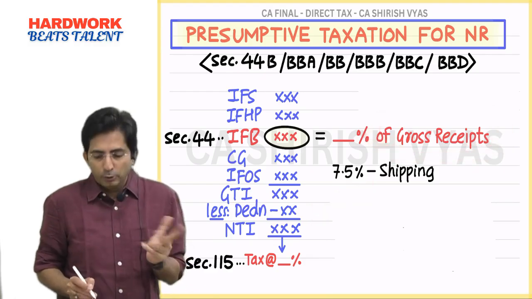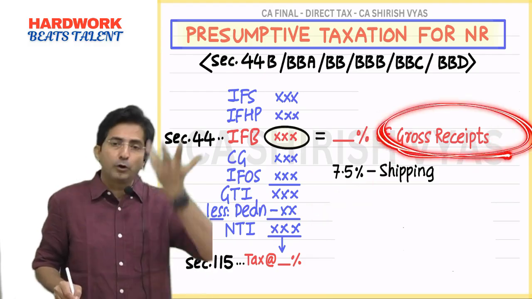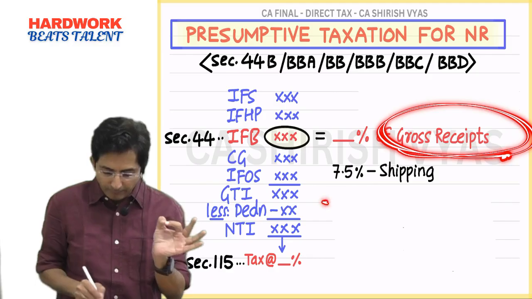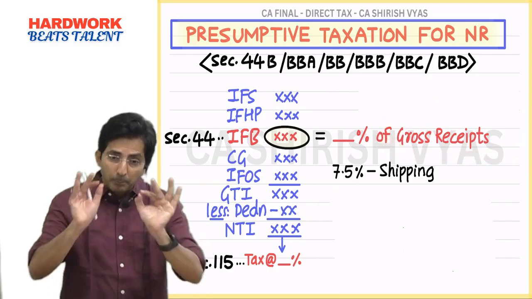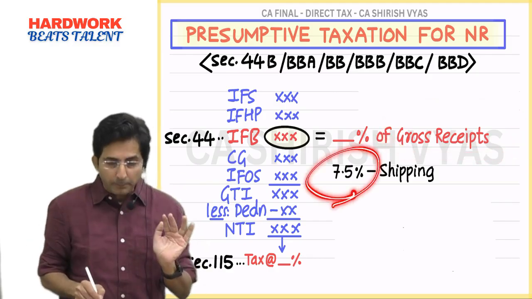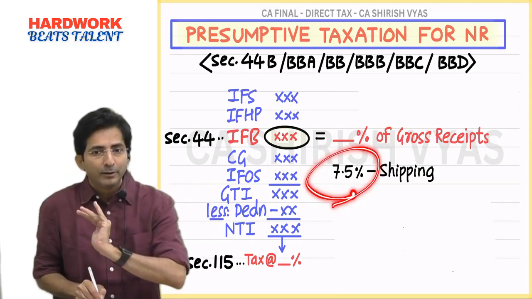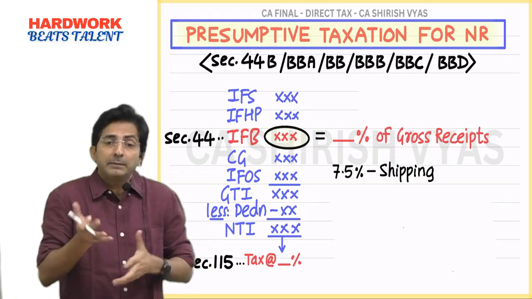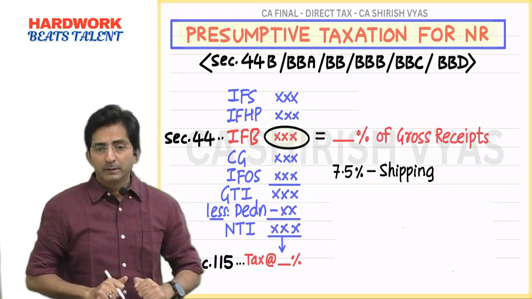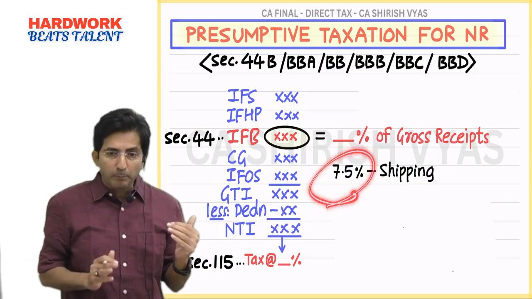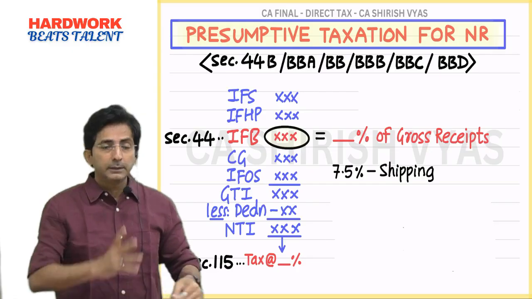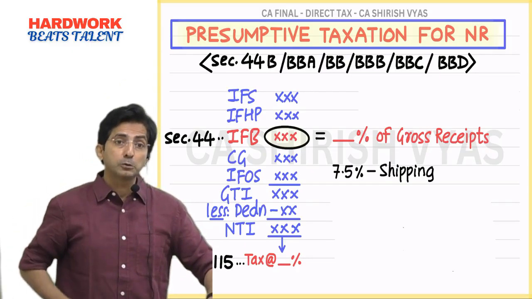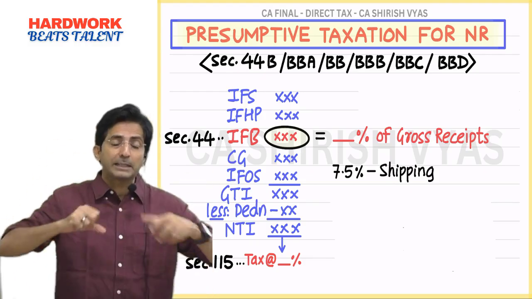The percentage you have to apply because gross receipt is my full revenue and tax is on the net profit. To make it net, we apply some percentage. And purposely, you know, government has kept the percentage on lower side so that all these foreigners will happily accept. Otherwise, sometimes they take it negatively. See, imagine if this percentage would have been kept on a higher side. These Australian people, they might have felt that Indian government wants to take more tax from us.